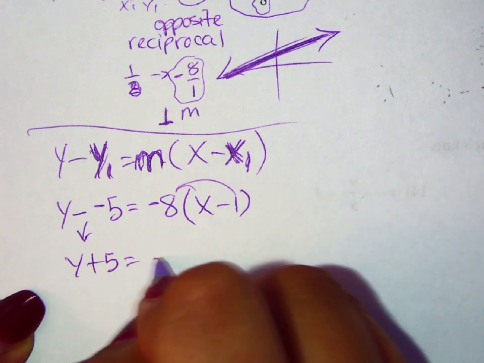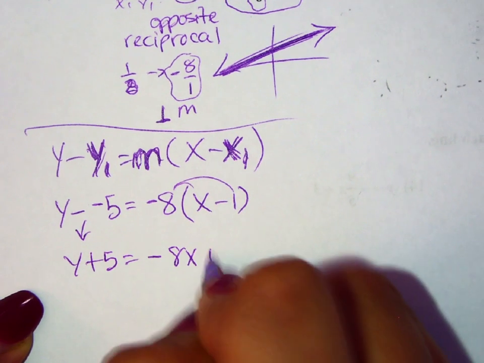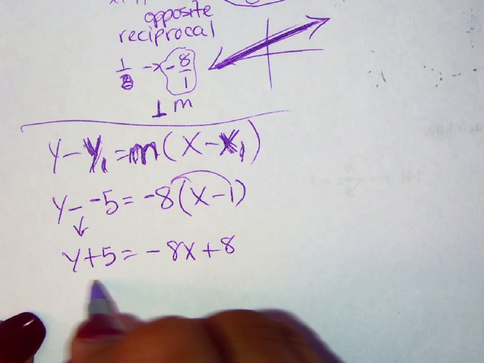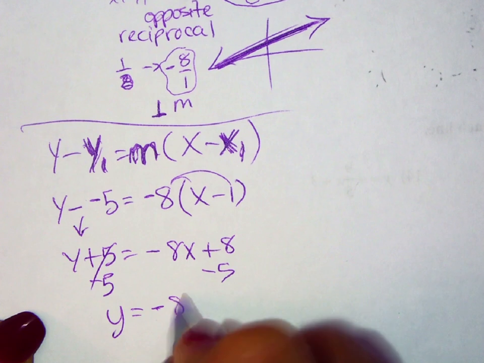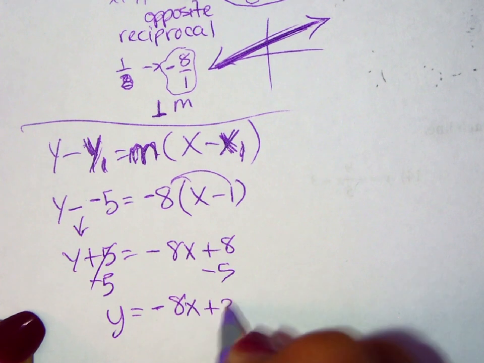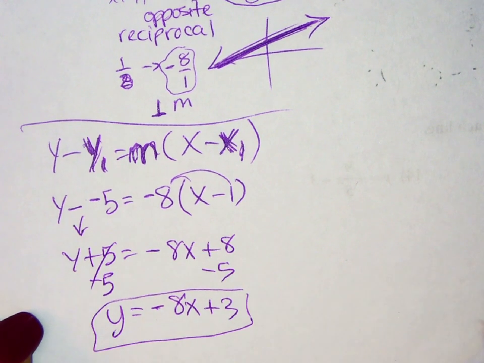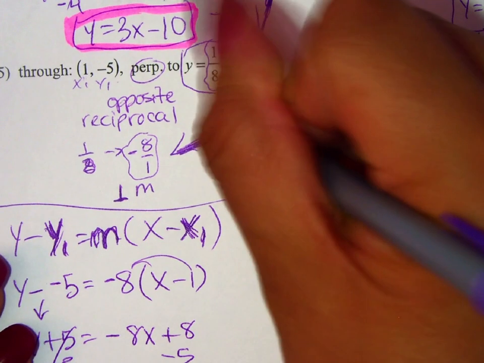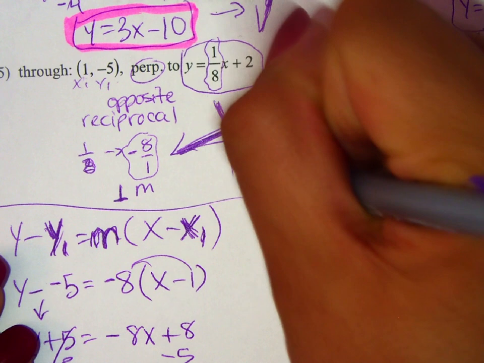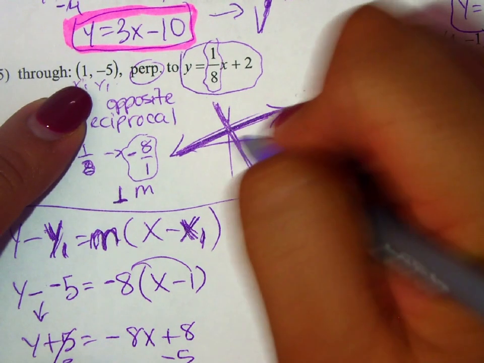Distribute the 8 in, so it's minus 8x plus 8. Then subtract 5 from both sides, and you get y equals negative 8x plus 3. So this is saying that if you were to graph this, you would have an exact perpendicular line, and it will go through the point 1, negative 5.